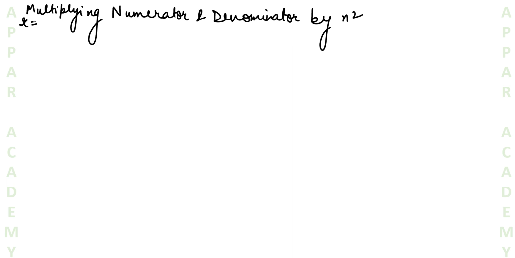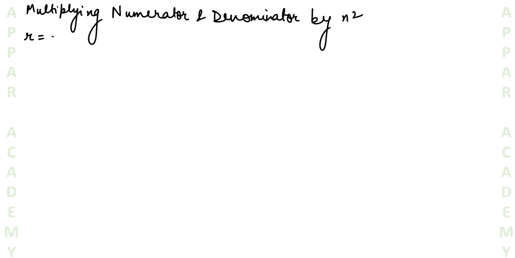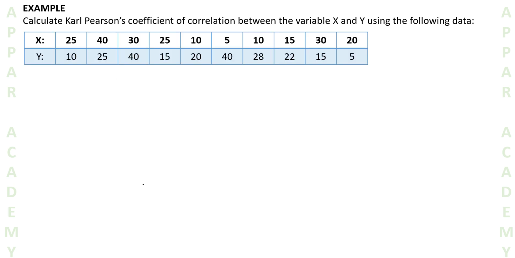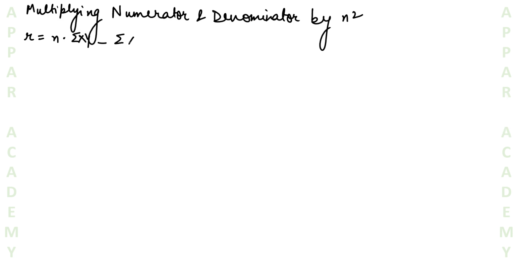So then r is equal to, from here multiplying it, n square times summation xy upon n is n into summation xy, right? So this is n into summation xy minus, this n square cancels with this and this n cancels. So this becomes minus summation x into summation y.